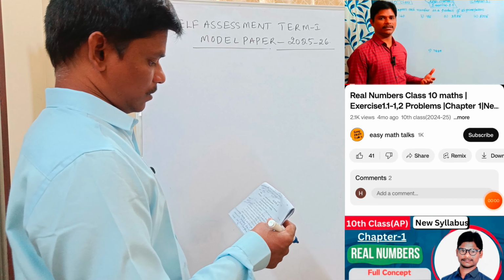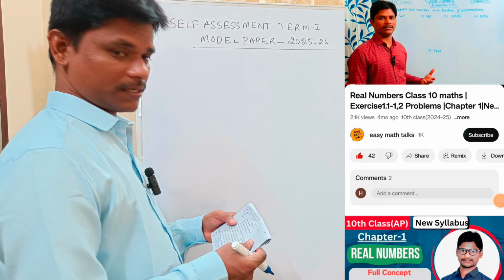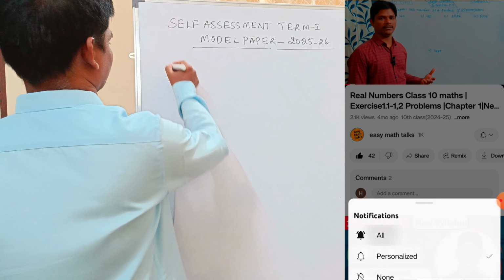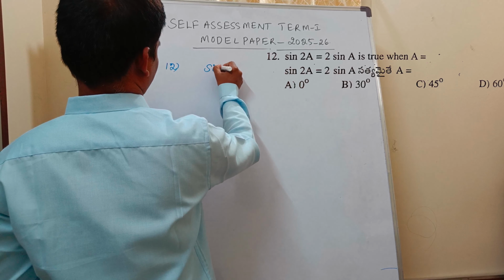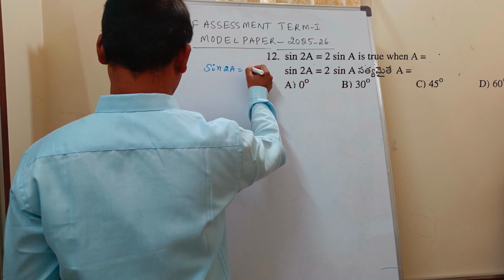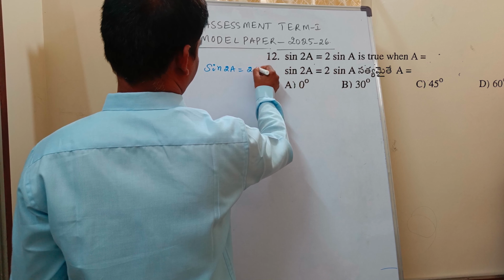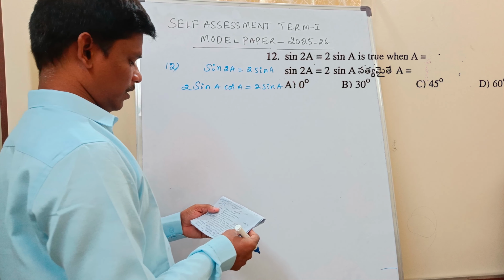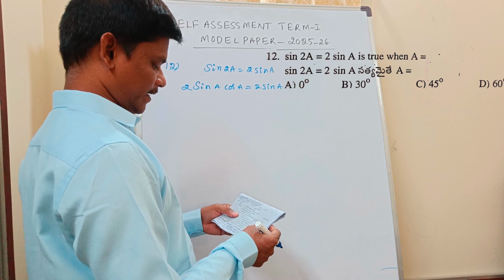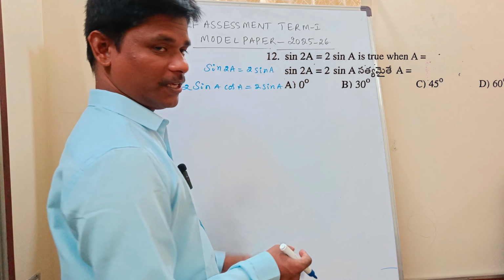Okay. Here the last, 12th question: sin 2A is equal to 2 sin A. Find the value of A. The sin 2A formula we know: 2 sin A cos A is equal to 2 sin A. Four options are given: A is 0 degrees, B is 30 degrees, option C 45 degrees, option D 60 degrees.